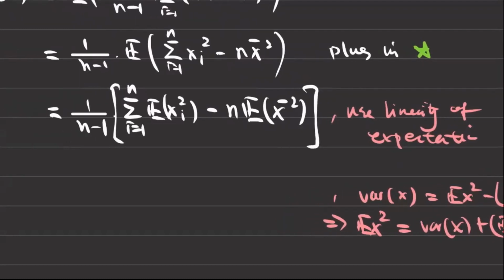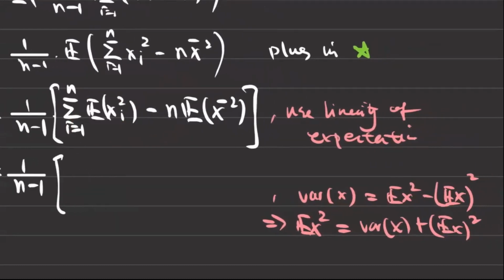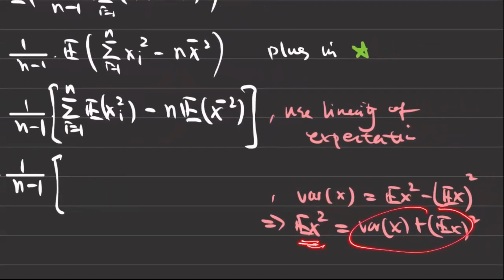So let's continue. What does this become, right? This factor in the beginning doesn't change, so that becomes 1 over n minus 1. And then inside of this big bracket, let's do something a little bit carefully. Let's work out the first term. Now we said that the expectation of x squared equals this whole thing, and this expectation of x squared happened to look like this first term.